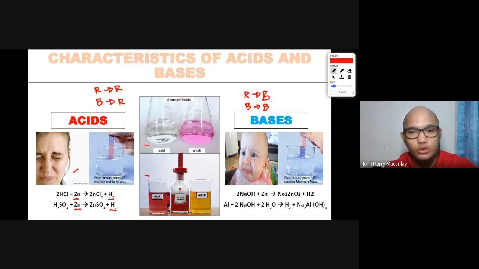And then if you will also react it with a certain metal like your zinc and your aluminum, it will also liberate hydrogen. And then acids, when they react with a base, will form a salt, and the same with your bases, when they react with an acid, will also form a salt. Okay? So those are now the different theories and some characteristics of your acids.